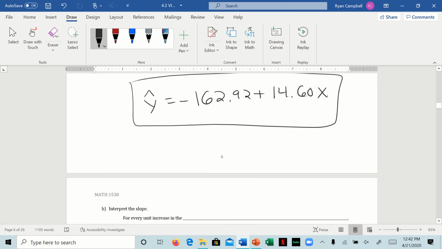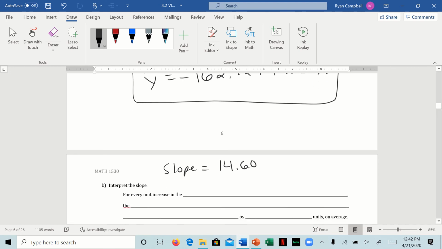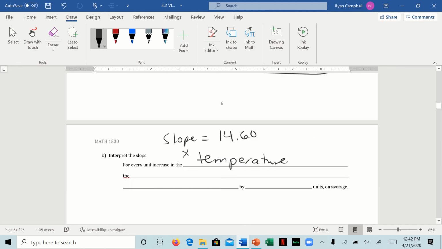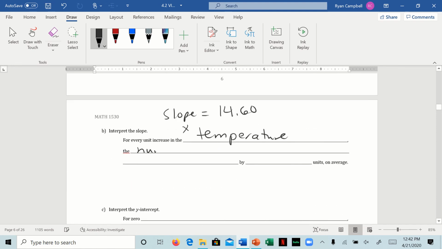So we can see that the slope is going to be what? So slope is 14.6, which means that as we increase our x value, what did we say x was? As we increase a unit in temperature, the y value, the number of cricket chirps per minute, does it increase or decrease?